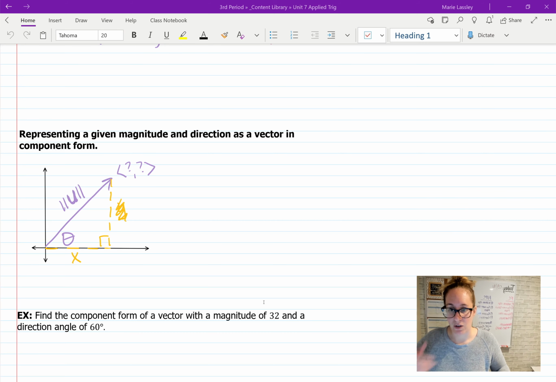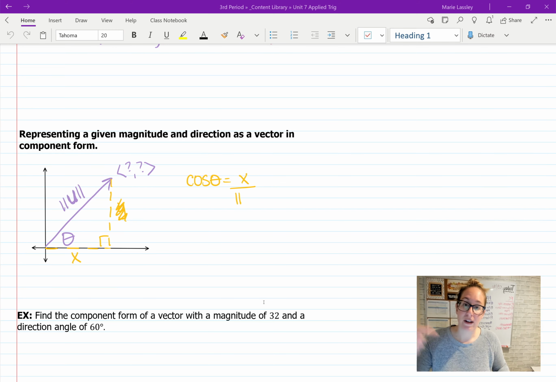I'm going to use my trig functions. I have x, which is the adjacent side, and the magnitude, which is my hypotenuse. So I'm going to use cosine because I have adjacent and hypotenuse. So the cosine of theta equals adjacent over hypotenuse.